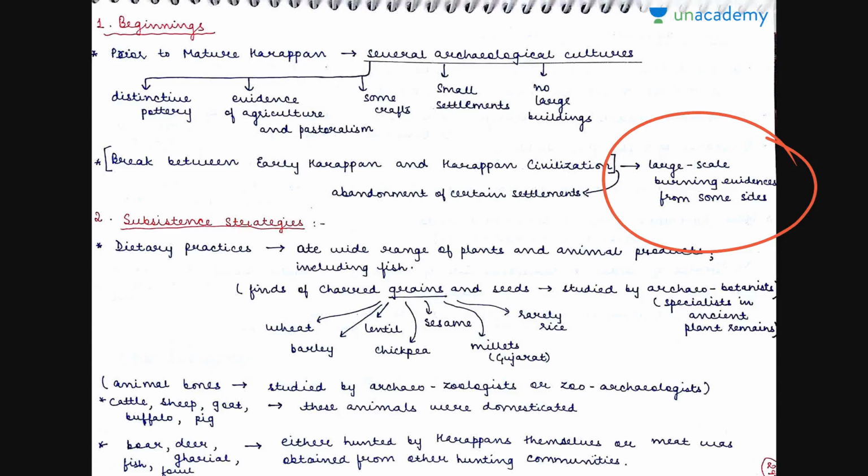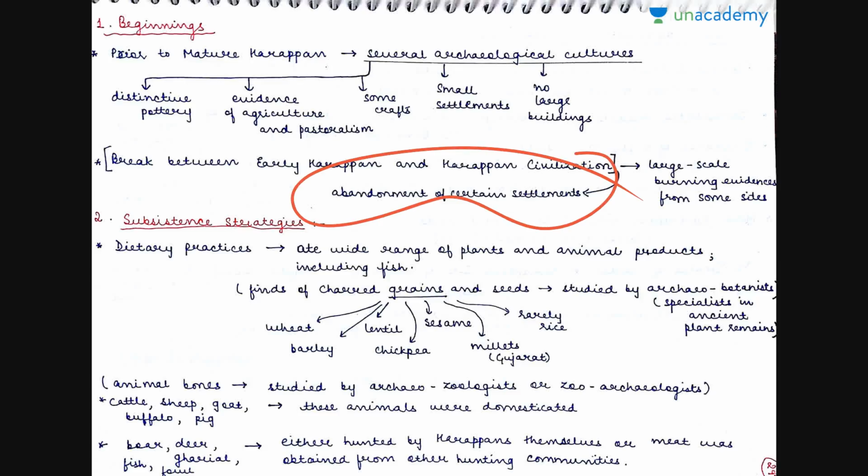Carbon dating is mainly used to study organic material, but people also use different methodologies to study these evidences. So between them, there is evidence of burning from some sites, and it says that there was also abandonment of certain settlements between the early Harappan and the mature phase of the civilization.